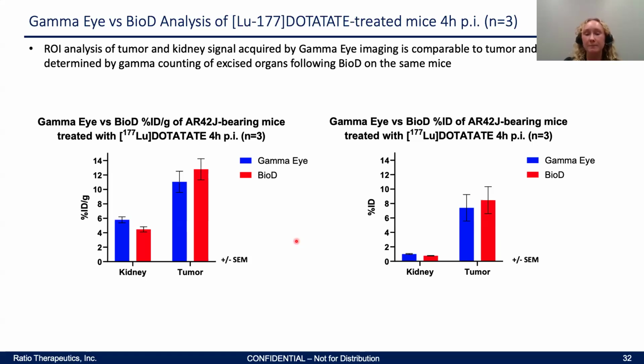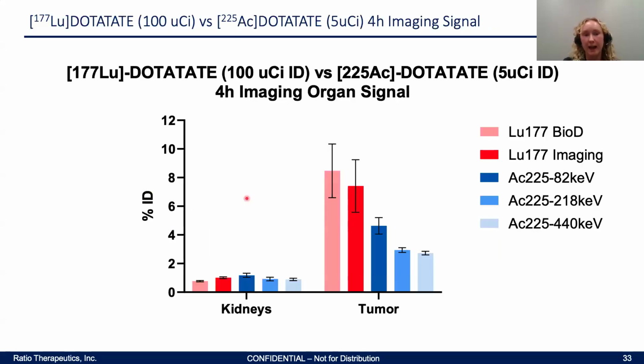But what we really want to care about right now is comparing lutetium to actinium. So in the next slide, we can look at percent ID. In the pink is lutetium bio-D data. In the bright red is lutetium imaging data.